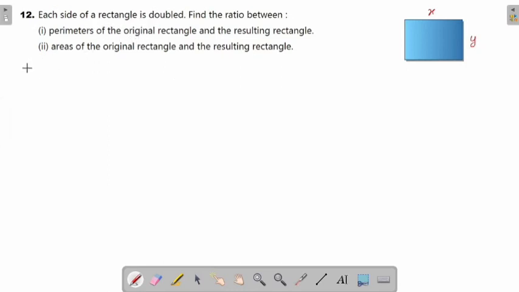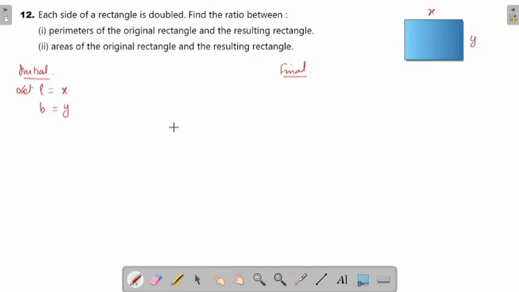So we have two cases. One is the initial case, that is the starting case, and the other is the final case. Initially, at the starting, let your length be equal to x and your breadth, that is b, be equal to y.